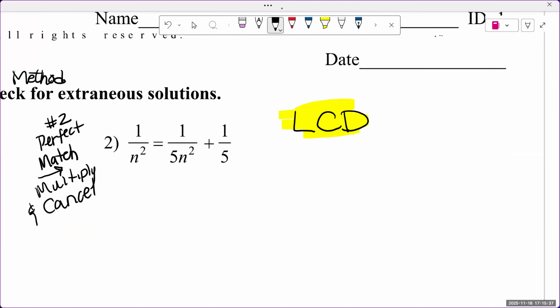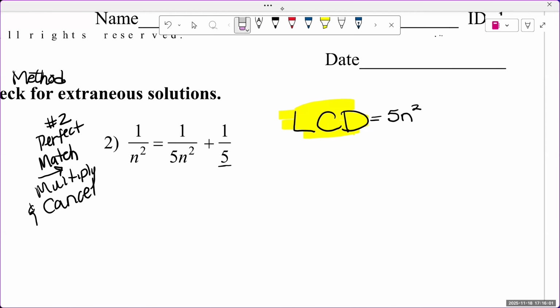Number two, now the least common denominator is harder to see. We need to cancel an n squared, a 5n squared, and a 5. Now you could just multiply everything together. Hopefully you see that in 5n squared, all of these is n squared represented? Yes.